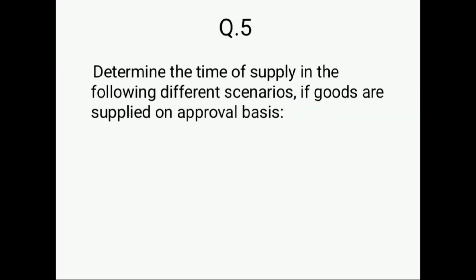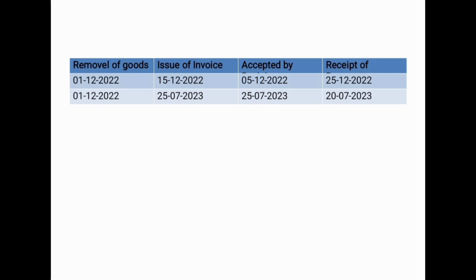Determine the time of supply in the following different scenario if goods are supplied on approval basis. There are certain cases: sometimes you get goods on a continuous basis, sometimes only on approval. Until the goods are approved, you will not get them. Here the case is approval basis. First, the date of removal of goods is 1/12/2023, issue of invoice is 15/12/2022, accepted is 5 December 2022, and receipt is 25th December 2022.